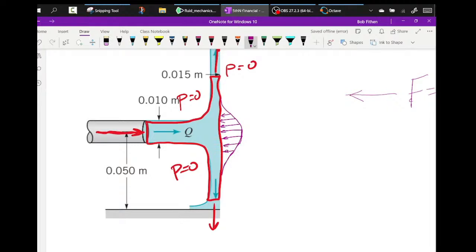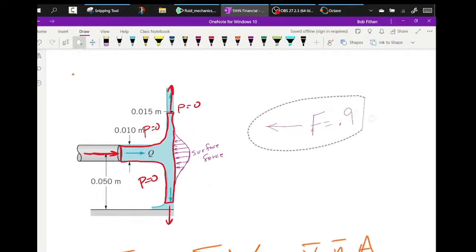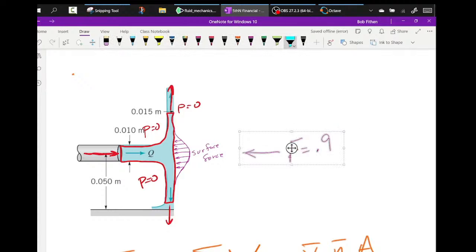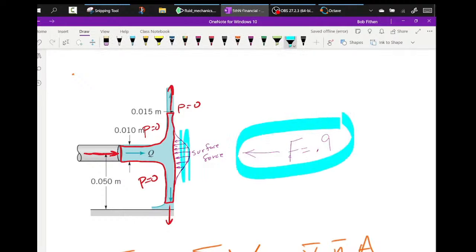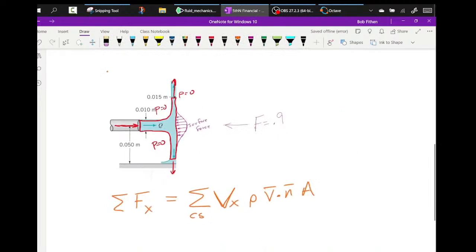Looks like that. So what is this? A surface force. And what is it equivalent to? Equivalent to that. These two are the same thing. Hang on. So this is the same thing as this surface force. So in fact, we can go in and look at this.